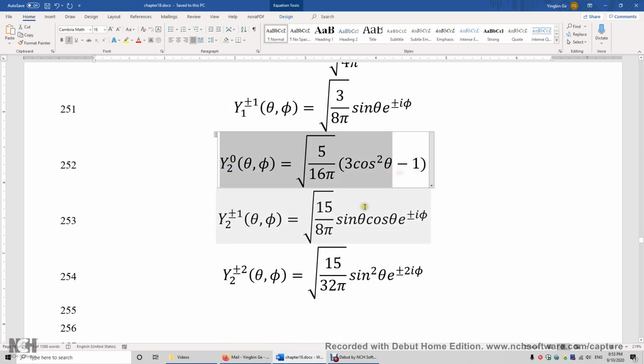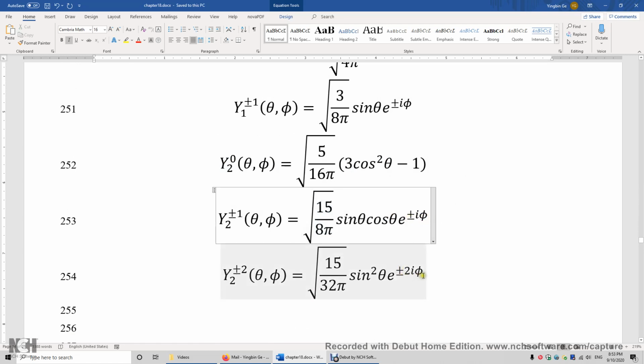This is one solution. There are 2 solutions here. Look at this plus minus i phi, and over here plus minus 2 i phi. You are looking at 5 wave functions similar to dz squared, dxz, and dyz, dxy, and dx squared minus y squared. So really, in this wave function, you are looking at 3 times z squared over r squared minus 1.